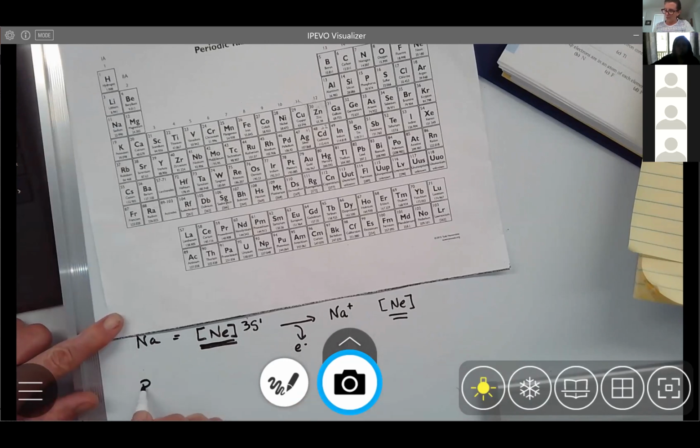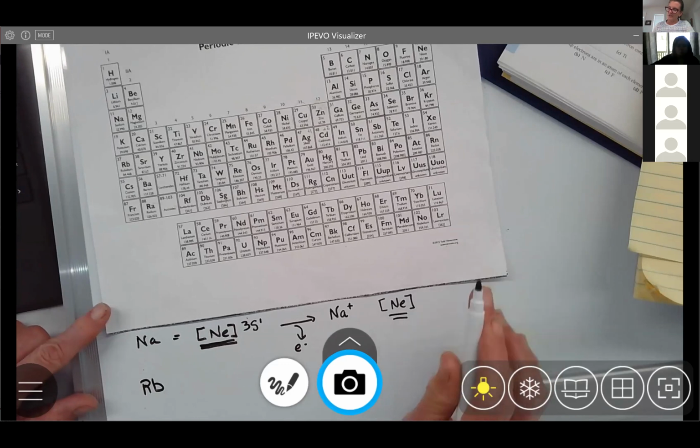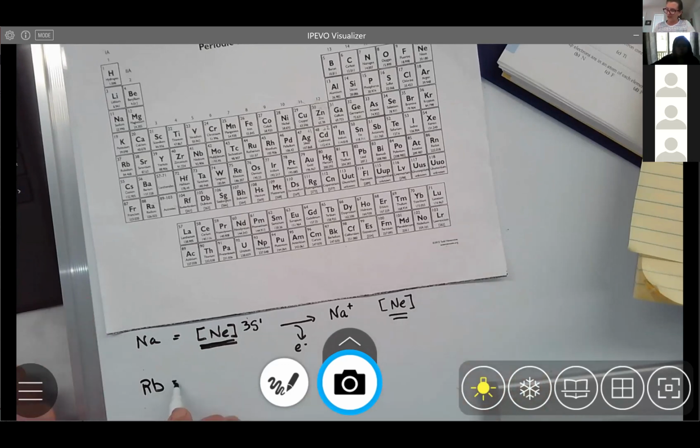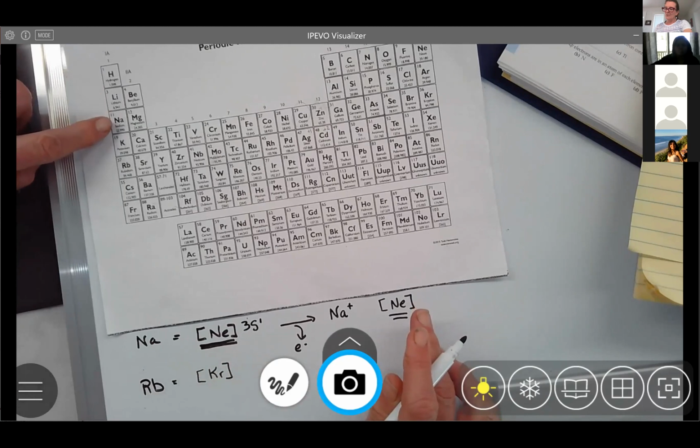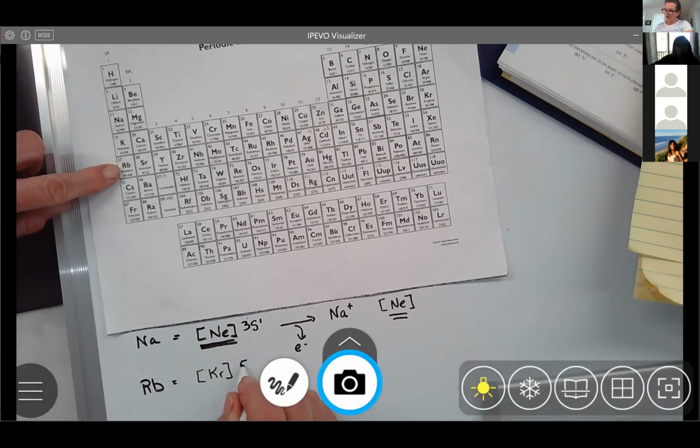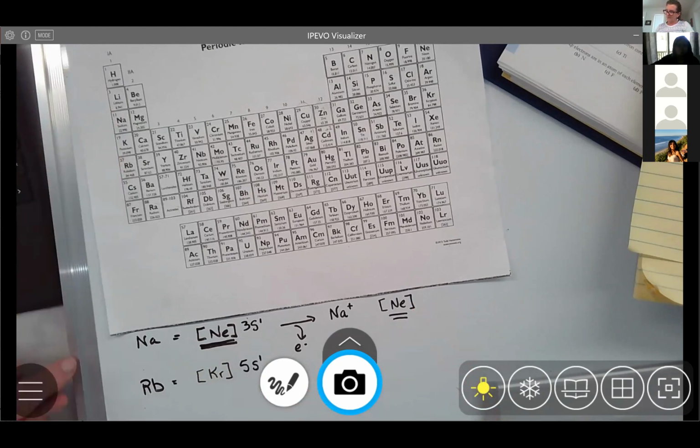So if I do rubidium, what noble gas would I use for rubidium's abbreviated electron configuration? Krypton. Yeah, so it would be krypton, and then 5s1.